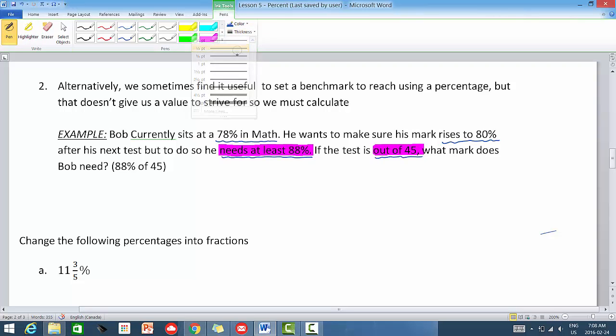If you remember from before, the word "of" means to multiply. Okay, so what we have here is 88% of 45.